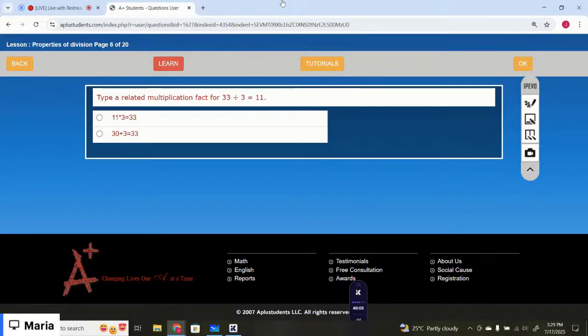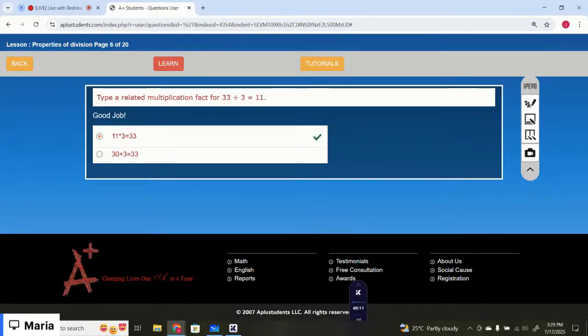So 33 divided by 3 equals 11. Then the related multiplication fact is 11 times 3 is 33. Option number 1 is the correct option.